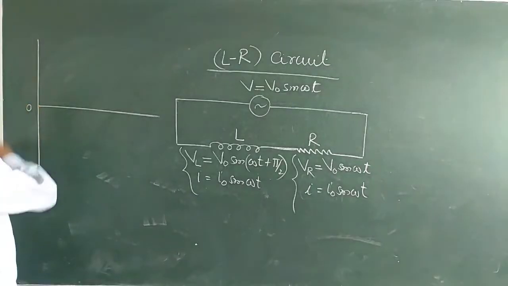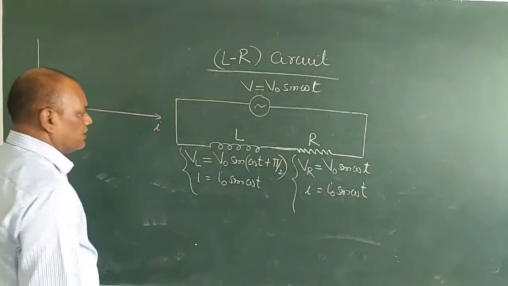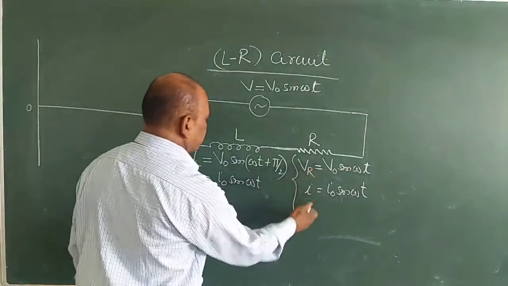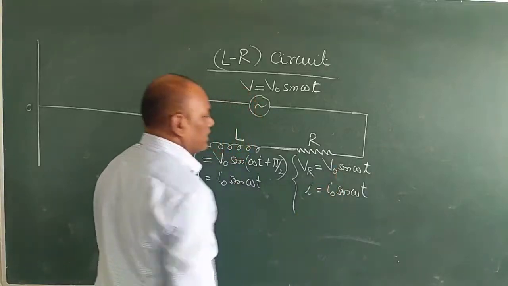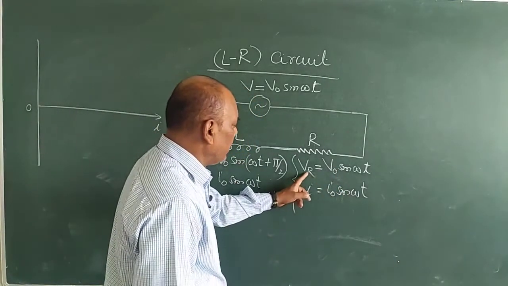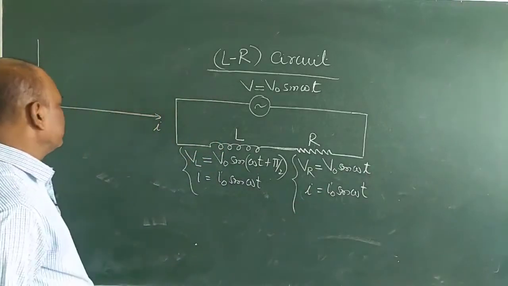Now from the origin O, here we will take current I. In the case of resistance, both are in the same phase. This means VR and I have no phase difference.